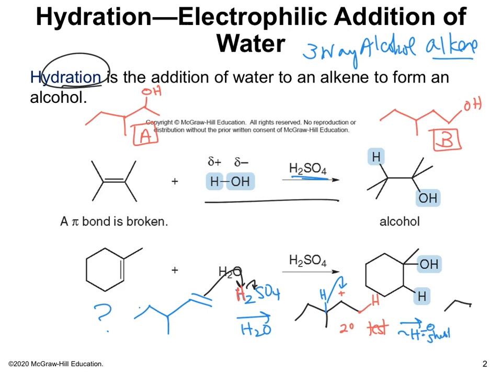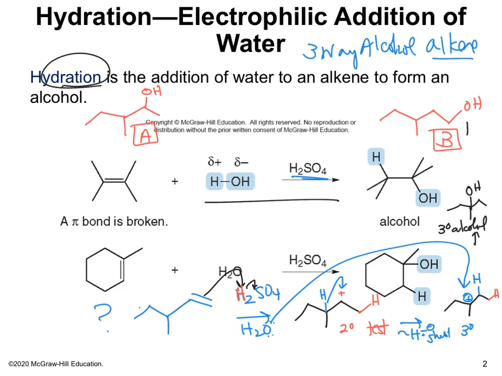And you will always get rearrangements if you can get a more stable carbocation. So this hydrogen goes there, this hydrogen goes here. Now there's your carbocation, it's a tertiary, and now the water will come in and you get this, and then through a deprotonation, you get a tertiary alcohol.